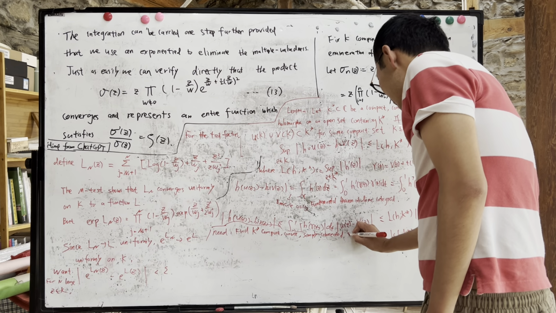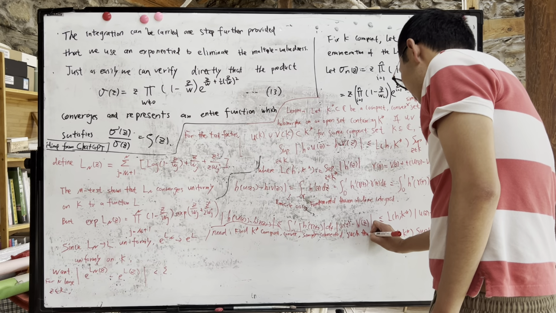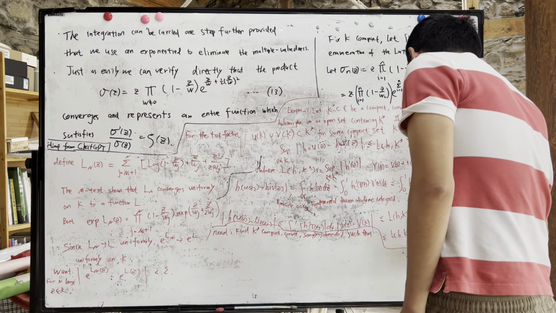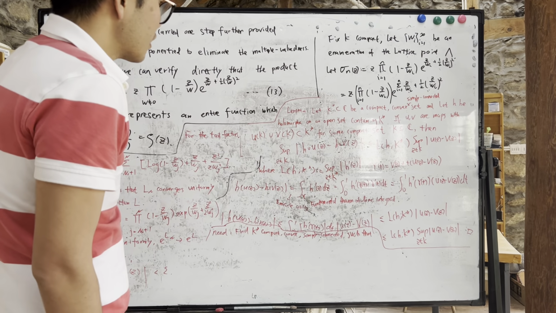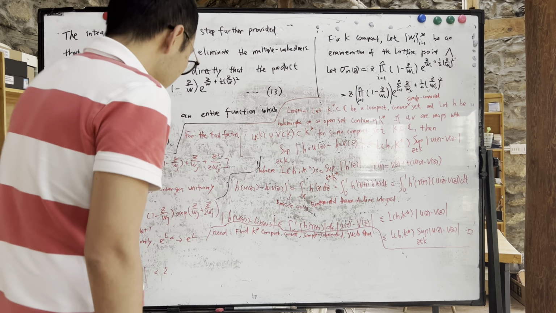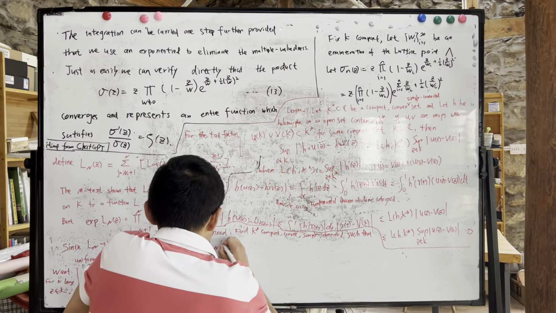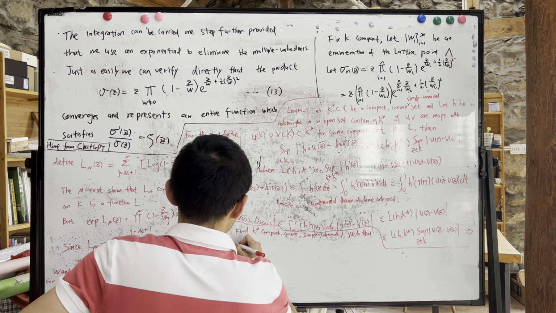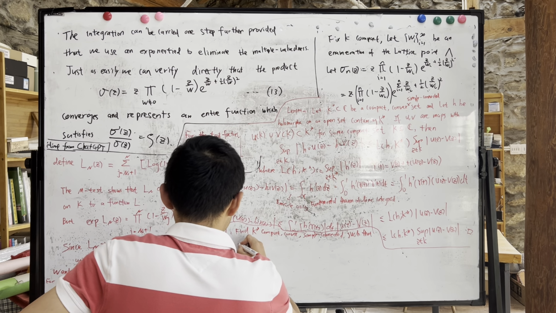Such that ln of k union L of k, ln of k is contained in this k star for all n, and L of k is also contained in this k star.